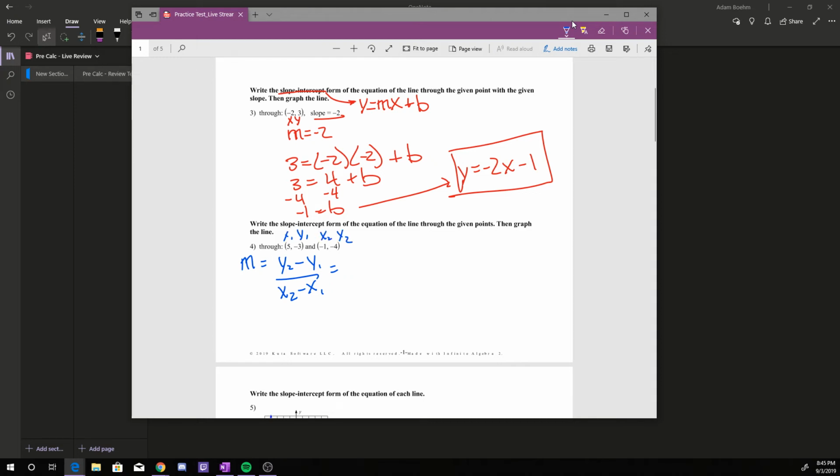So y2 is -4. Subtract -3 from that. x2 is -1. Subtract 5 from that. So -4 plus 3 is -1. -1 minus 5 is -6. So our slope is 1/6.